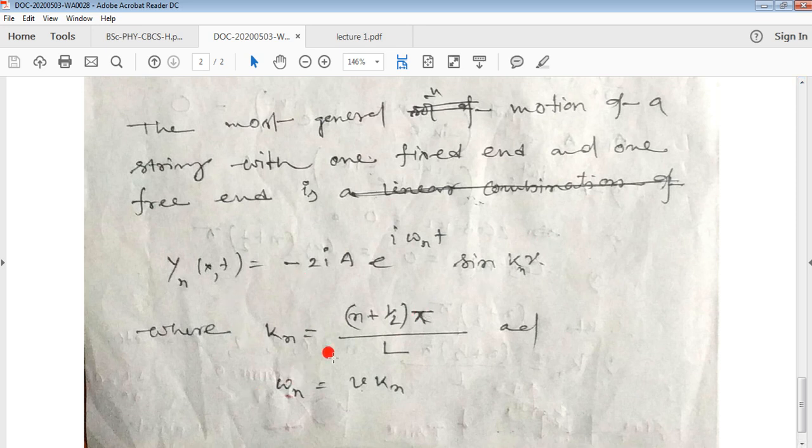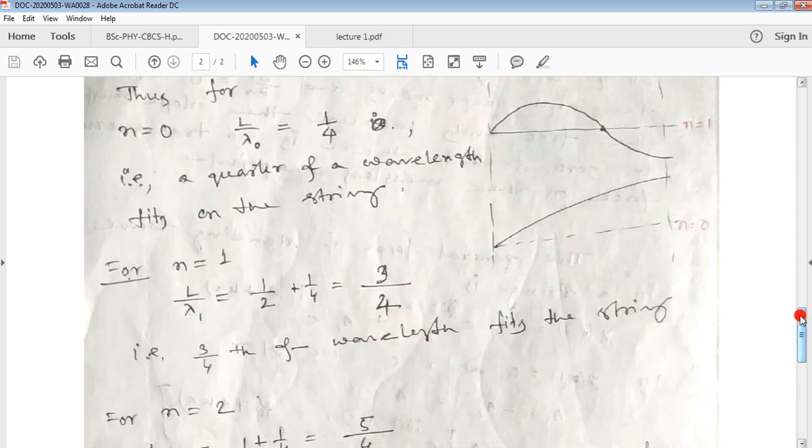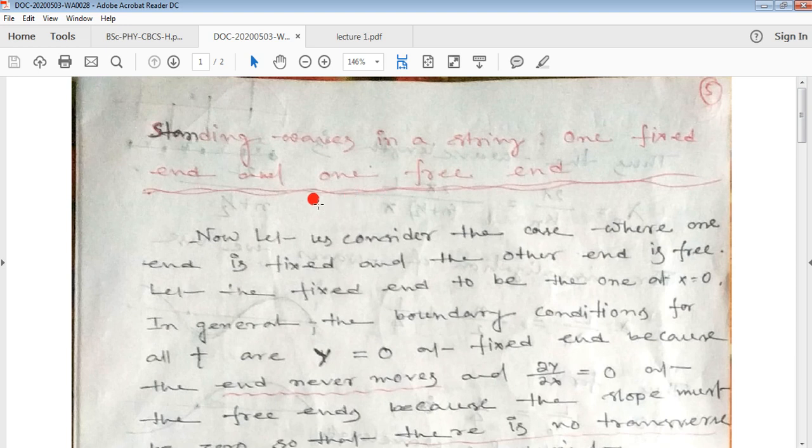Here kn equals (n plus half) pi by L and omega n equals v kn. So in this way we can obtain the standing wave for the second case, that is, one end of a string is fixed and the other one is free. Thank you.